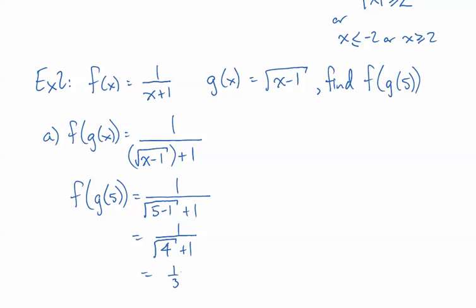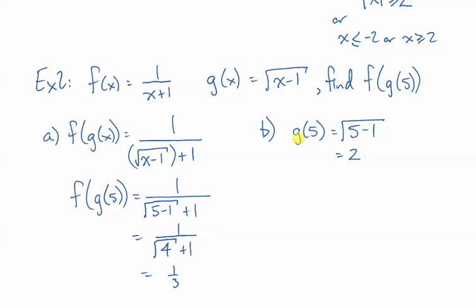Now there's another way to do this problem. Because I was given a numerical value for the input rather than generally x, which wasn't defined, I could find g of 5, because that's what it says inside there. And it says g of 5 is substituted into f. So let's look at that. G of 5 is the root of 5 minus 1, which is the root of 4, or the number 2.